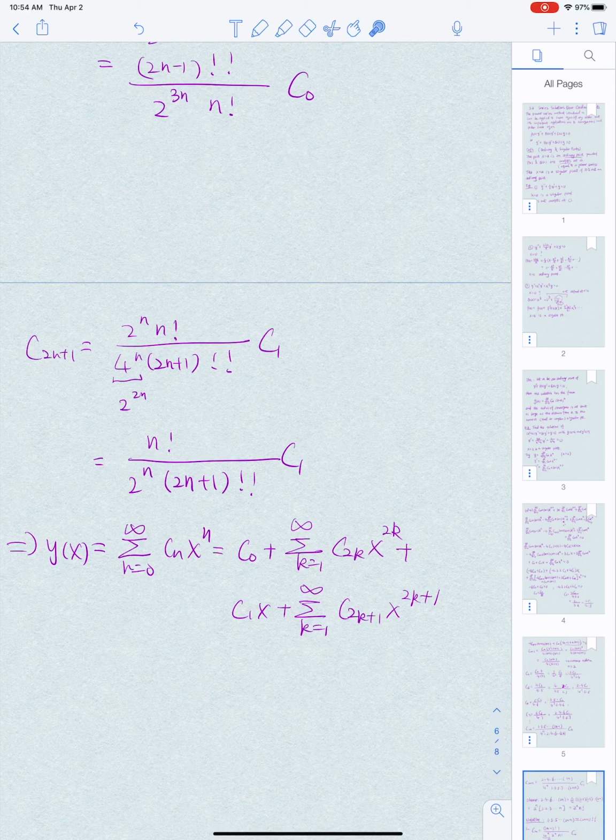That's our C naught times 1 plus C1 times x. And then for the rest of the terms, we're going to divide them into even index and odd index.